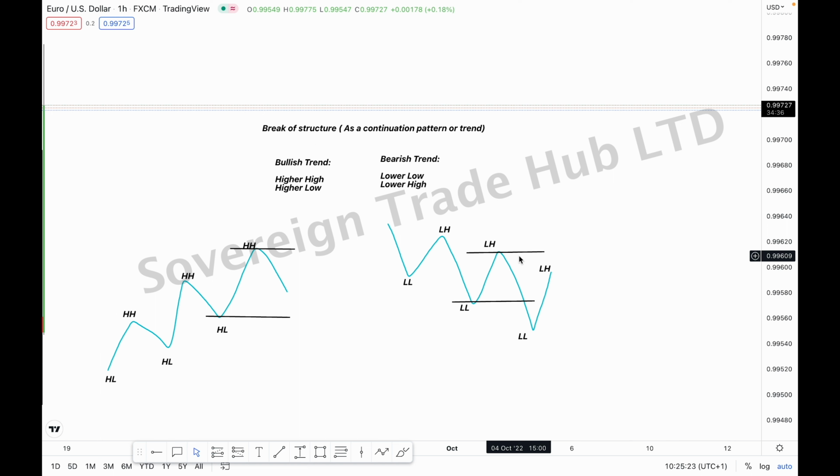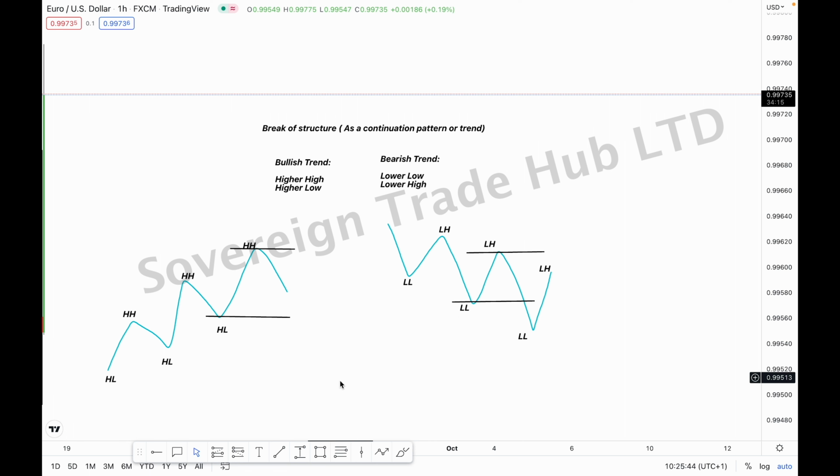And we consider it a valid break of structure as a continuation pattern when the market closes with a candle body below this lower low. Yes, it must close with a candle body. We are not looking at the high or the low for now. If you're looking at a candlestick chart, we want a candle body close.